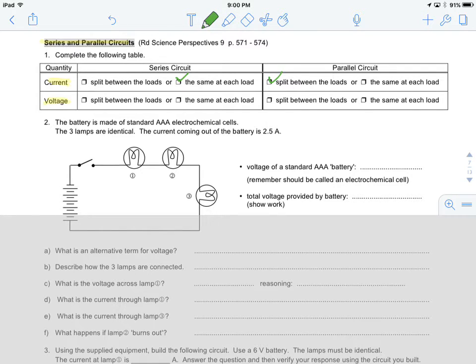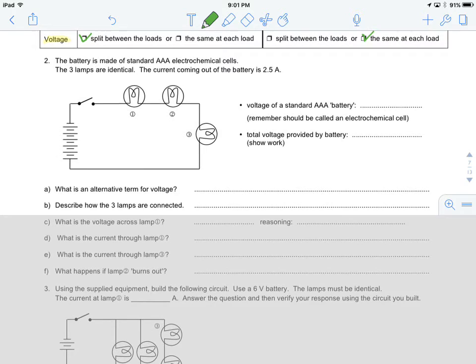In a series circuit, we have to split the voltage between the loads, as we saw explicitly in our lab a couple of days ago. But in a parallel circuit, voltage is going to be the same at each load.